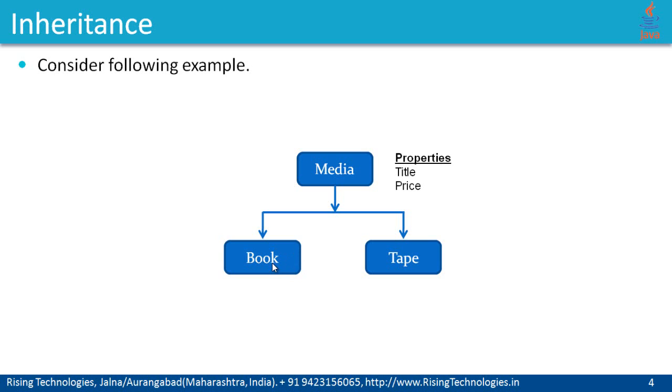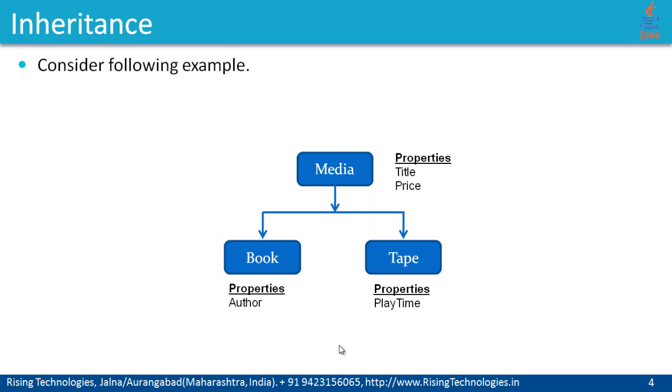So each and every media is going to have at least these two common properties. That media is going to have some title and some price. So I'm going to add these two properties in this media class. So these two properties are inherited by book as well as tape class.